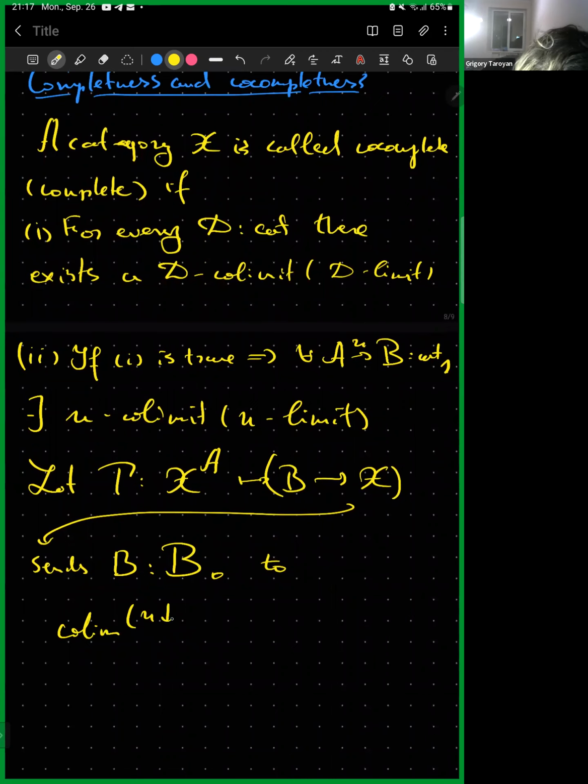We take the category of the functor U over the object B, and we take the colimit of the functor J upper star T, where J is just the forgetful map from this category to A.